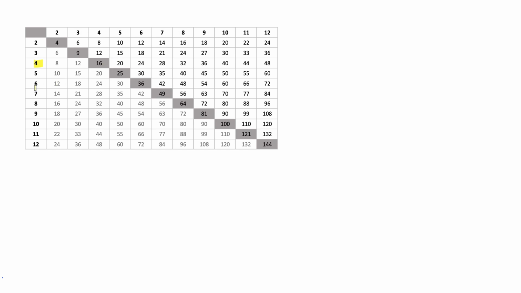Because how do we read it? If I ask you, what is 8 times 4? So you go 8 times 4. Here, I don't know, because usually this one is blank. So what are we going to do? We go, okay, 8 times 4, I don't know, but 4 times 8, here is this one, 32.